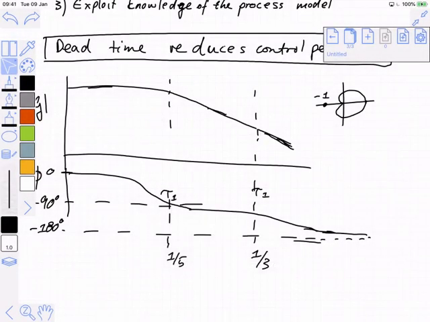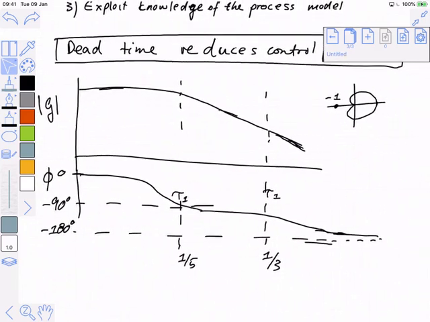Now, what happens when we add dead time to this picture? The original version I'm going to leave there. I'm going to add in the version with dead time. You should by now remember, dead time is one of the frequency responses that I expect you to have committed to memory. It has no effect on the gain part.